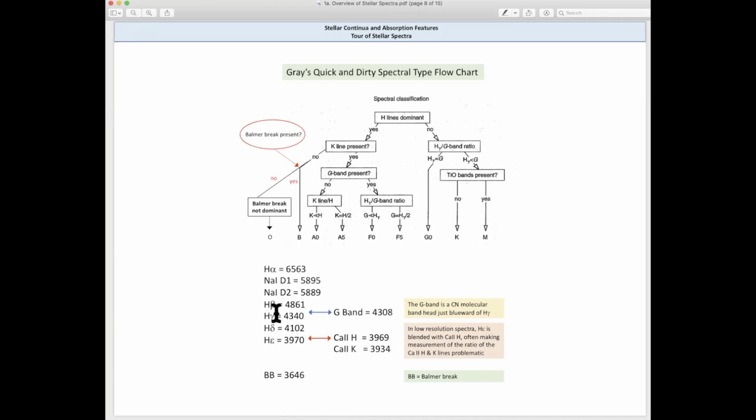And then your G band, which should be down below it, just blueward of your H gamma, 4308. That arrow really belongs down here. And then your calcium H line, which is basically blended with your H epsilon, and then your calcium K line. And then way down here at 3646 is your Balmer break.